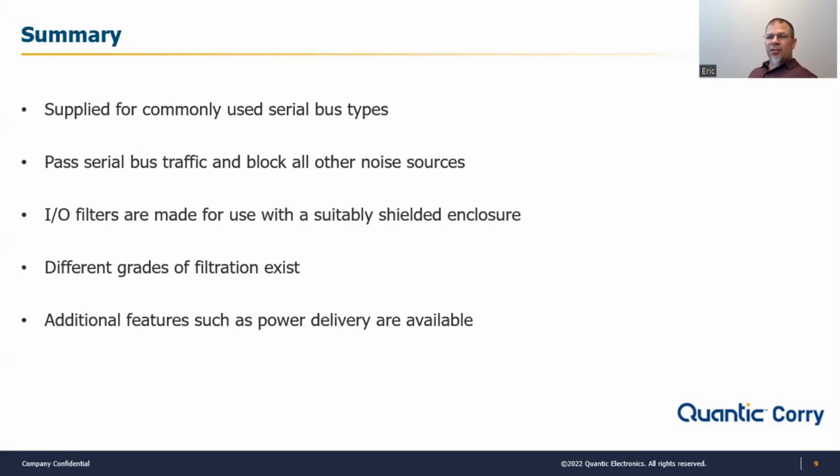Something of that nature might need a lesser level of filtration. And, as we talked about, the delivery of power through the filter is also possible, and that just eliminates another leakage path that could exist if you did not have that power filtration.